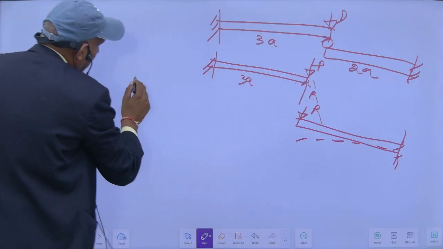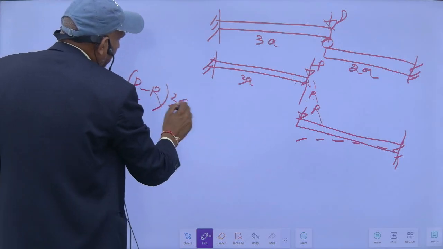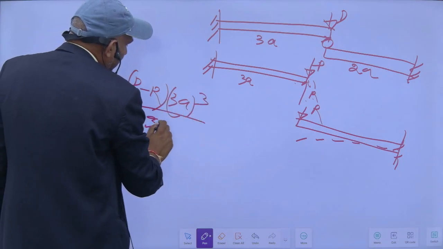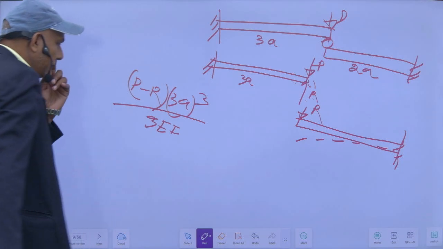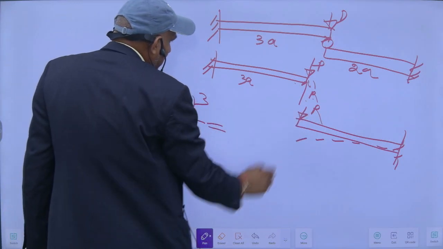So it will be (P minus R) into 3A cube upon 3EI. This will be the net deflection.